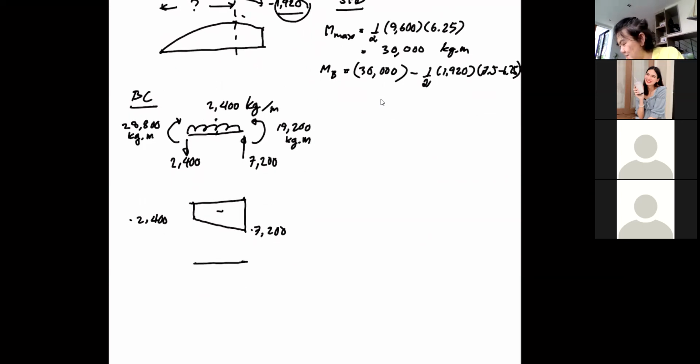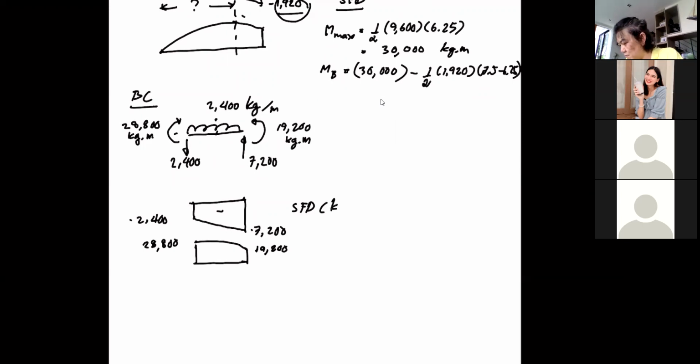And then this bending moment diagram on the left is the clockwise, so it's positive. That is 28800, and then because of the negative shear, it should go down and meet with this. Again, on the right is counterclockwise, which is a positive sign convention. So that's that. Okay, that's a shear force diagram.